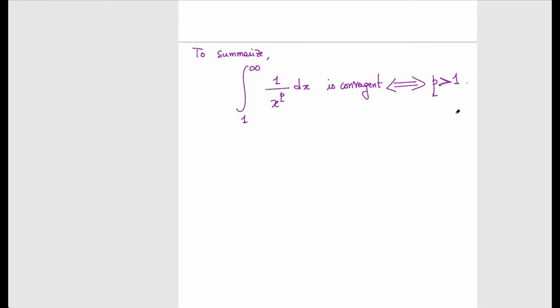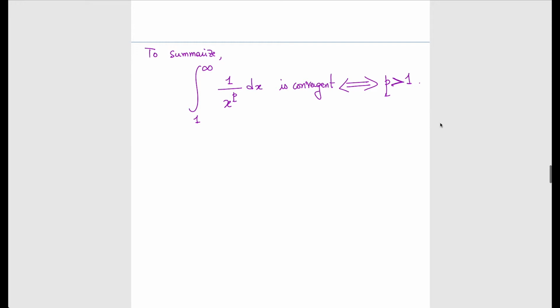It diverges elsewhere, when p is less than or equal to 1.